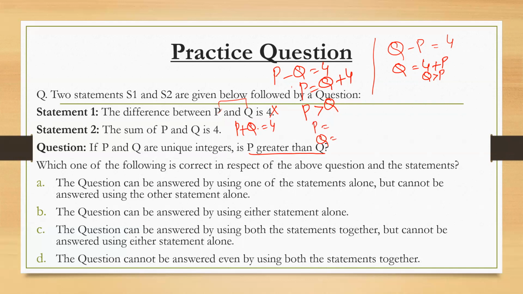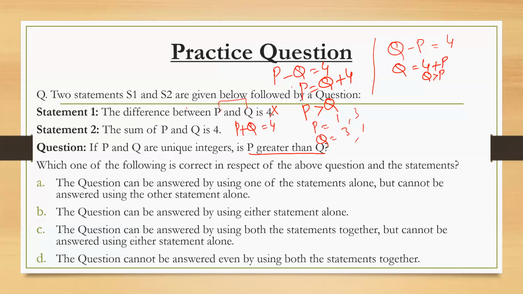It cannot be 1 and 1, right? So it could be 1, 3 or 3, 1. So again, we are not getting a unique value. In the first scenario, when P is 1, Q is 3, we are getting Q is greater than P. In the second scenario, when there is 3 and 1, we are getting P is greater than Q.